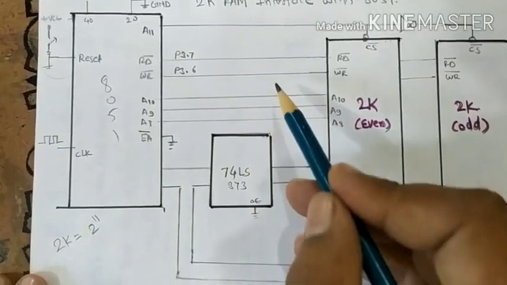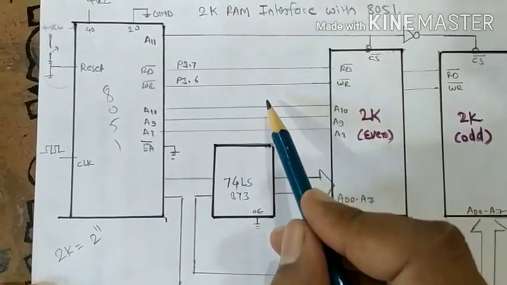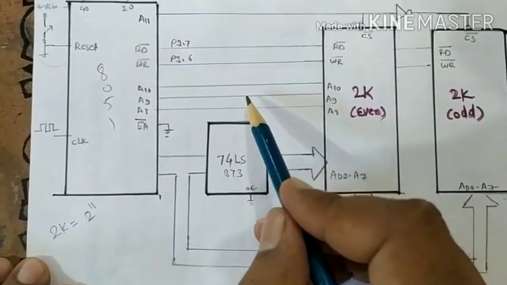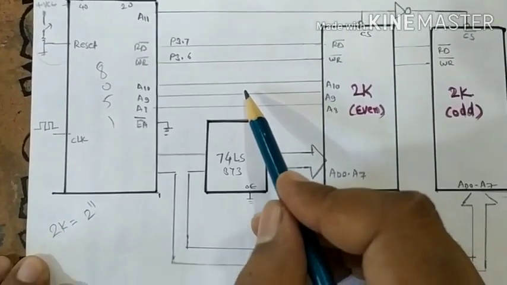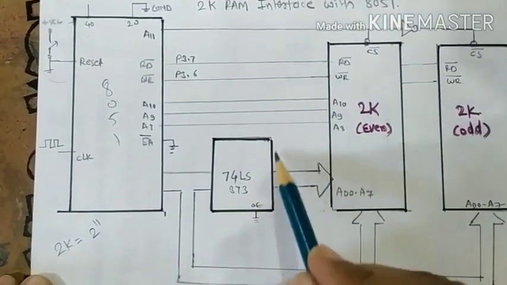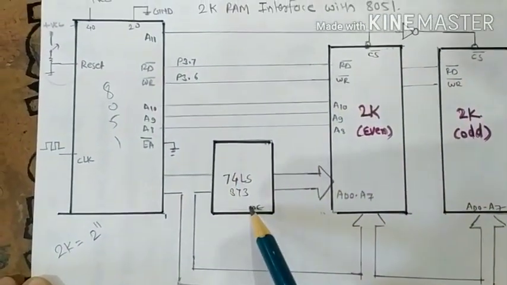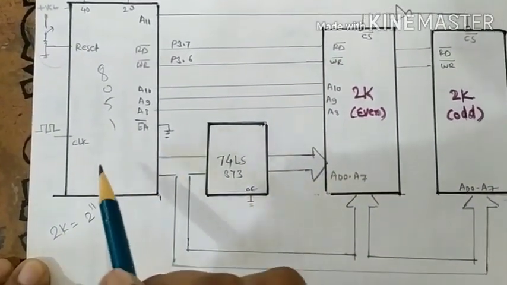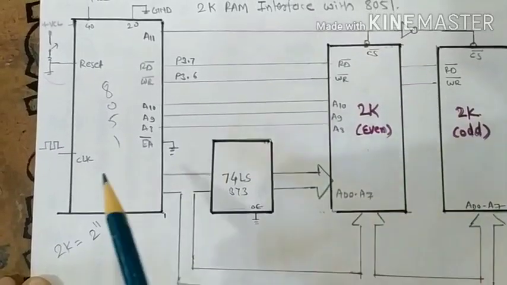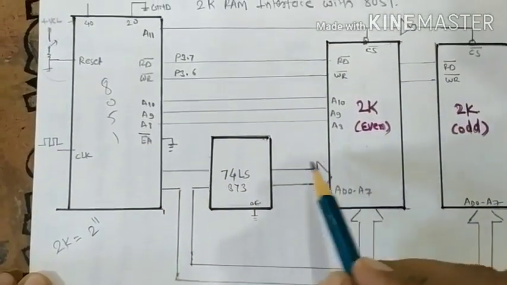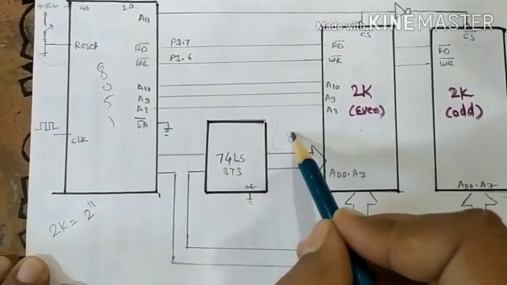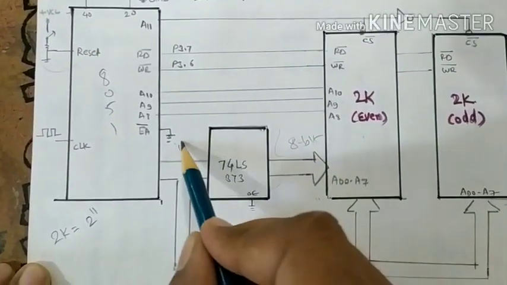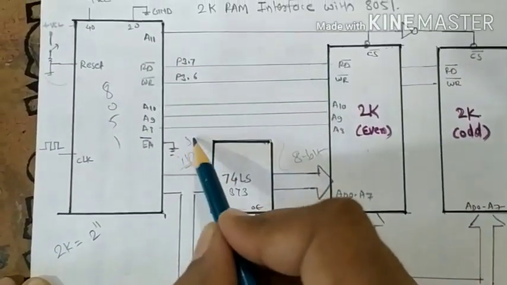There is no requirement of any decoder or bidirectional buffer for address purposes. So try to understand, this 74LS373 is used only to transfer data from 8051 to 2K or 2K to 8051. It uses 8-bit input and 8-bit output.